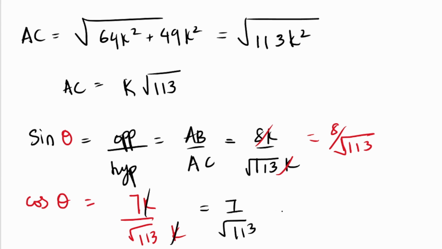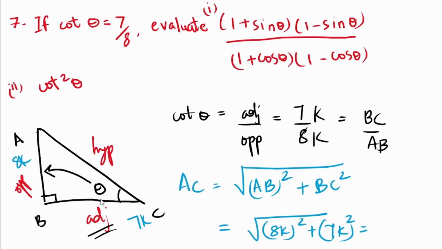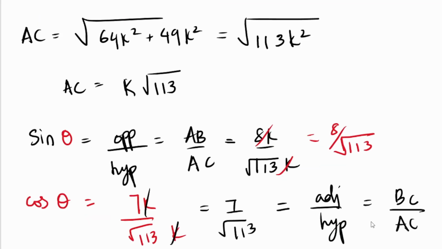The formula for cos theta is adjacent side by hypotenuse, where the hypotenuse is AC and the adjacent side is BC. So we have found out what is cos theta and what is sin theta.